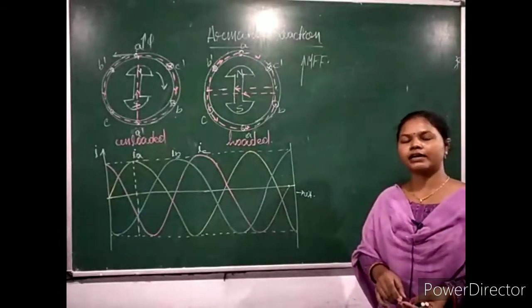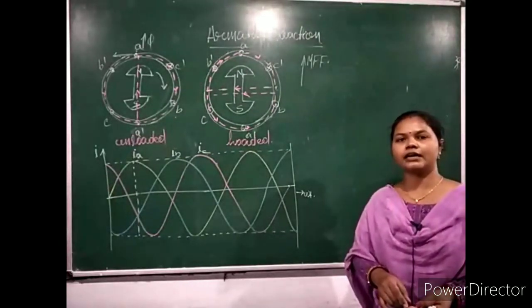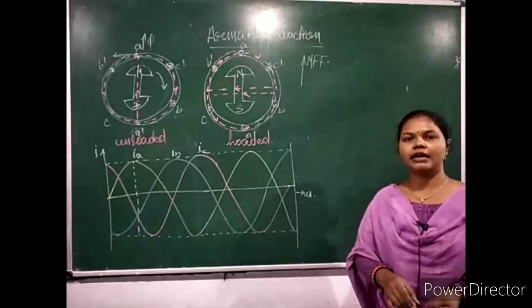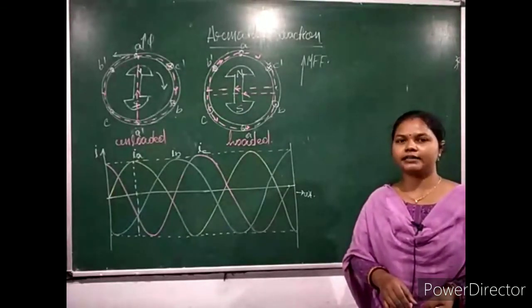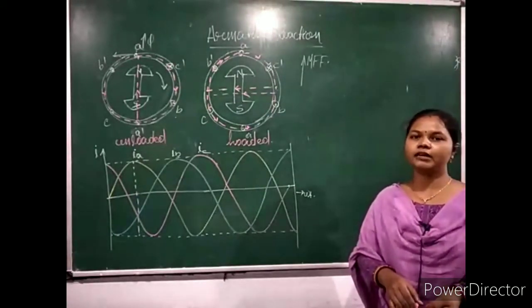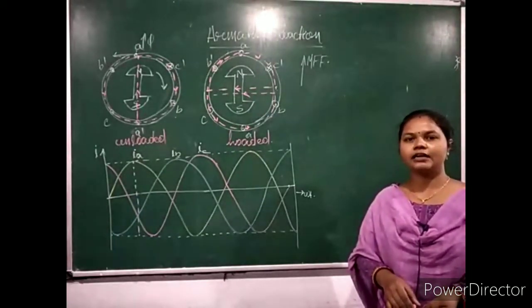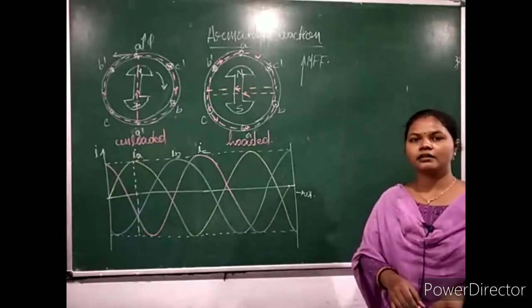In unity power factor, you know that EMF and current are in the same phase. In lagging power factor, current lags the voltage by 90 degrees, and for leading power factor, current leads the voltage by 90 degrees.